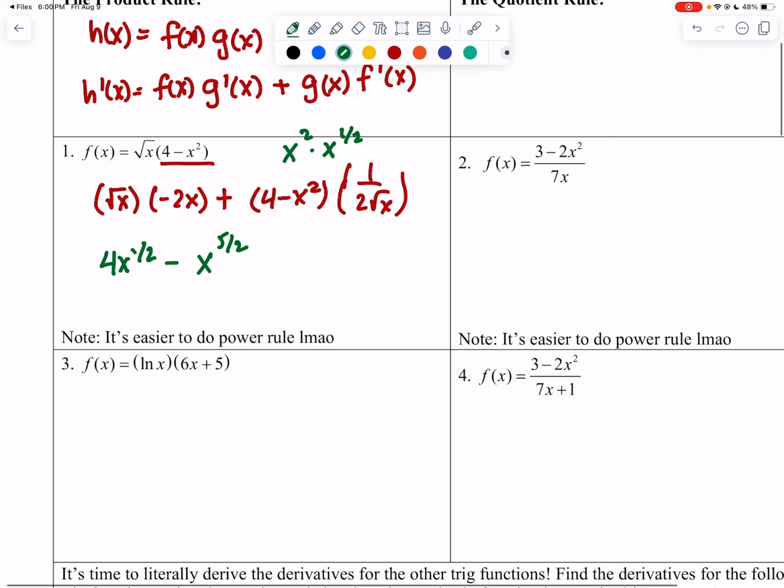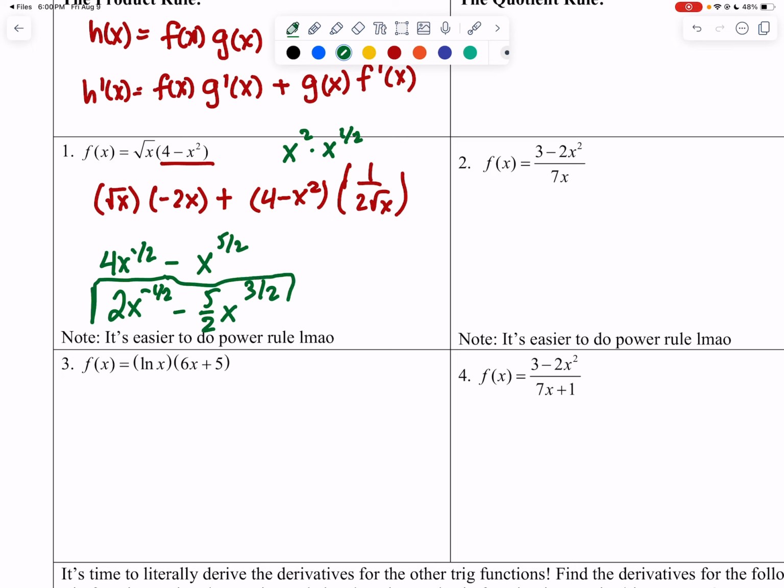And then if I were to take the derivative of this, I'm going to get 2x to the negative 1/2 minus 5/2 x to the 3/2. And this right here, believe it or not, is actually equivalent to this in red.